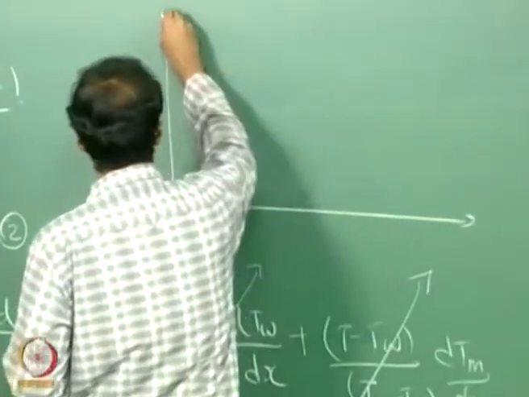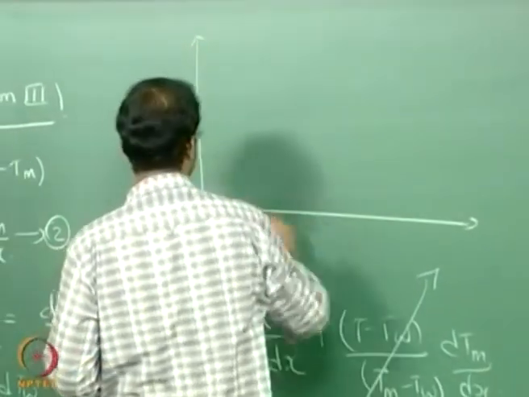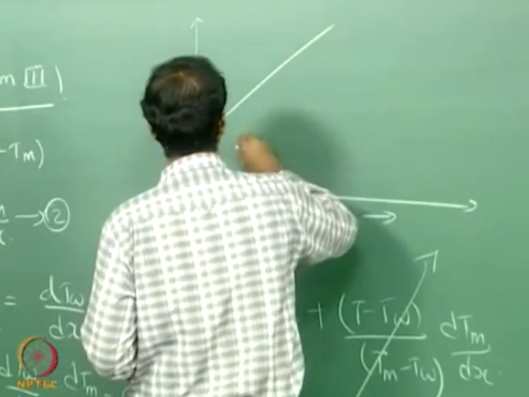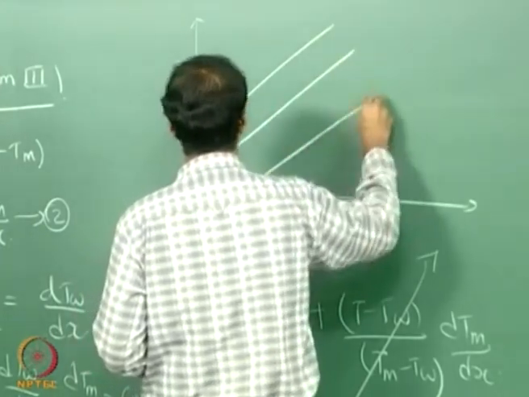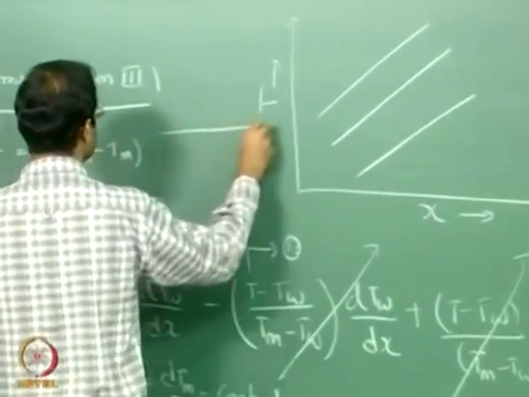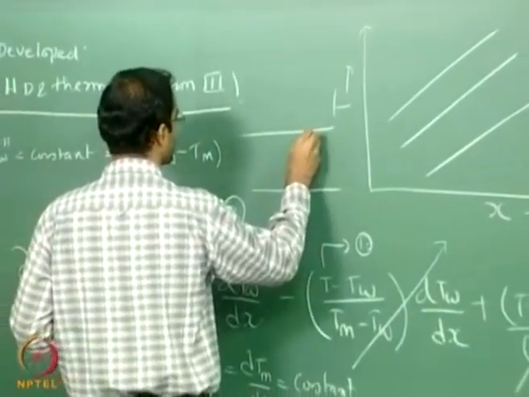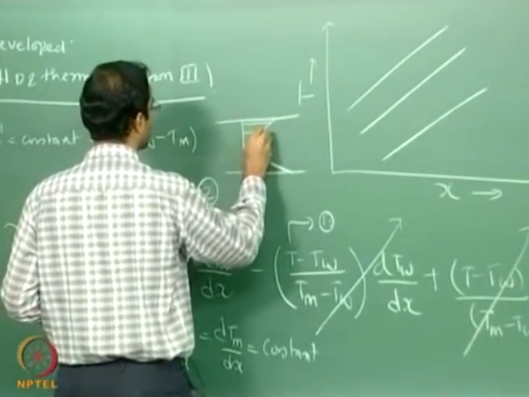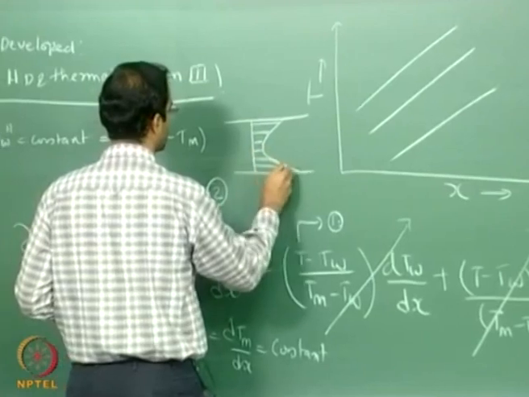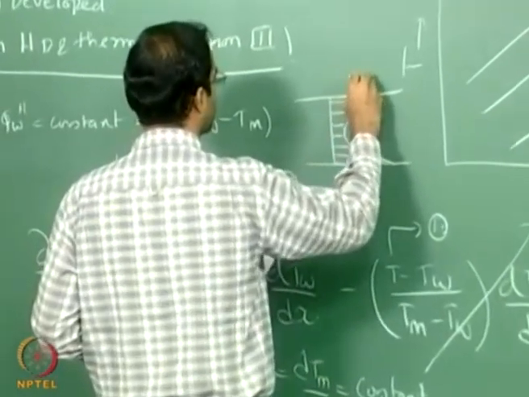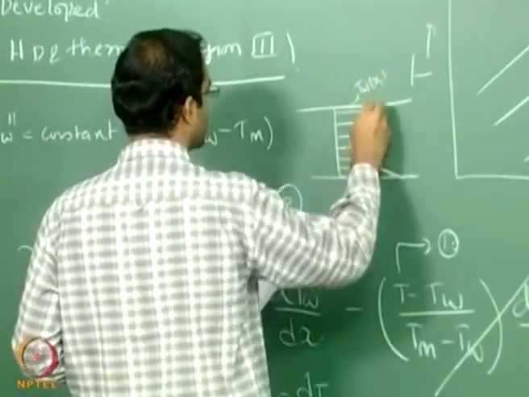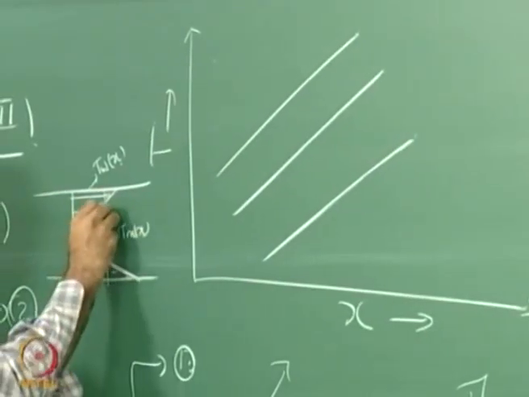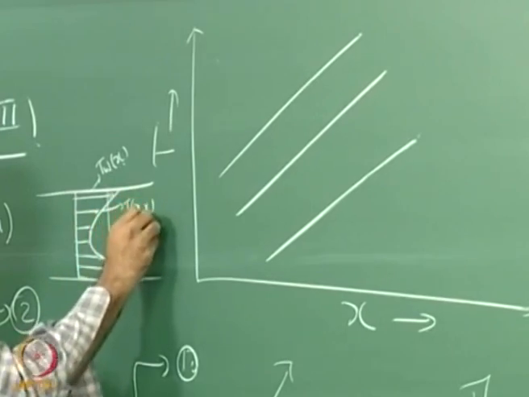Therefore if you plot the variation of temperature axially, you can visualize a temperature profile, where you have T wall of x here, you can calculate Tm of x, and of course this is your T of x comma r.